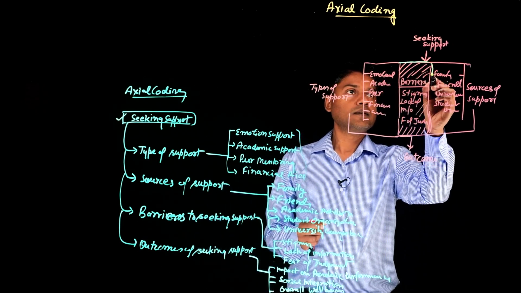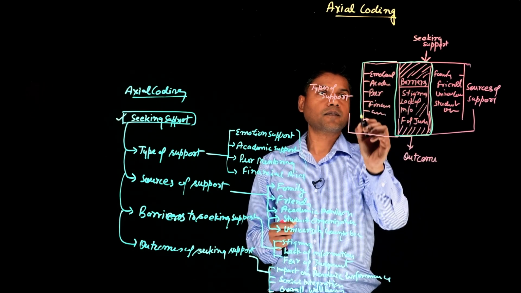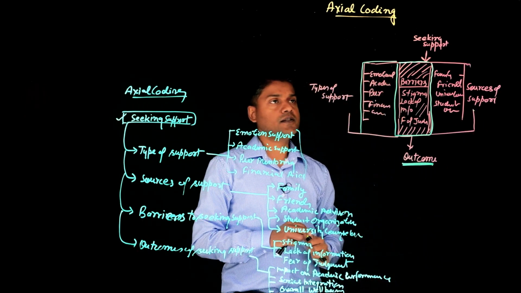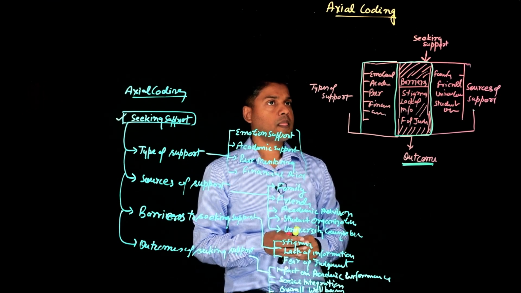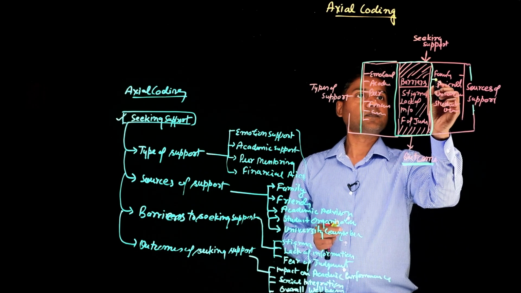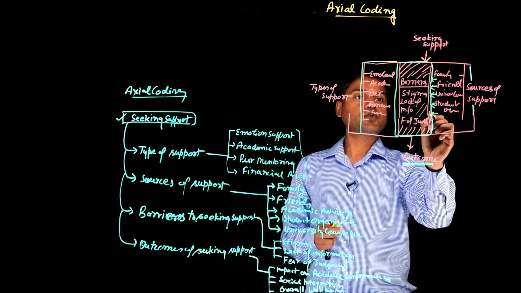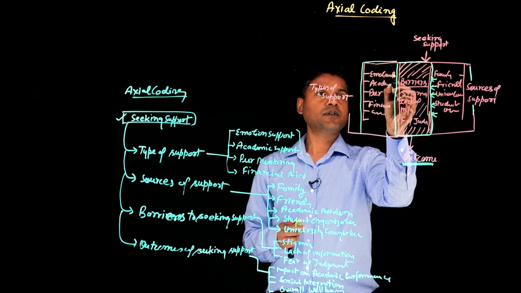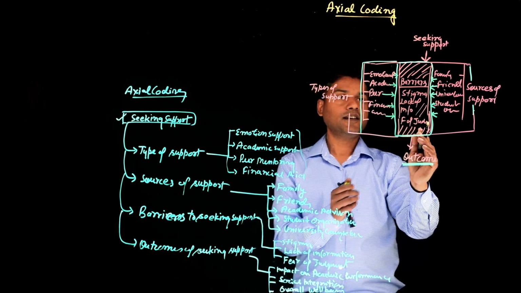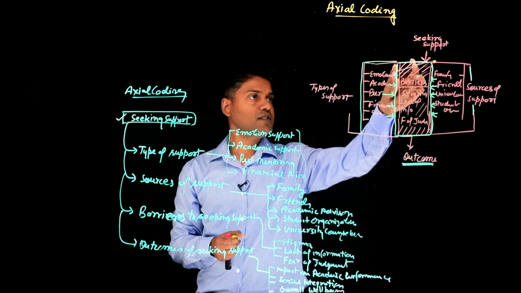So in the outcome. Now, in this diagram, what I'm saying is, sources of support and types of support, they are trying to meet with each other, but in the middle, the problem is created by the barriers.